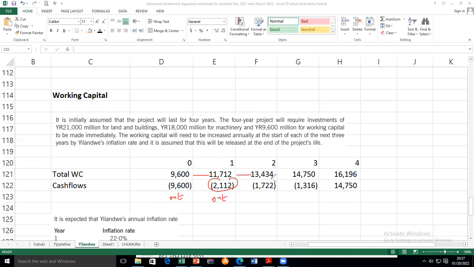Again, an increase is what we consider an outflow. Again, an increase is what we consider an outflow. At the end, you add that and that, and you recover it as an inflow. This is the standard treatment for working capital on this paper.